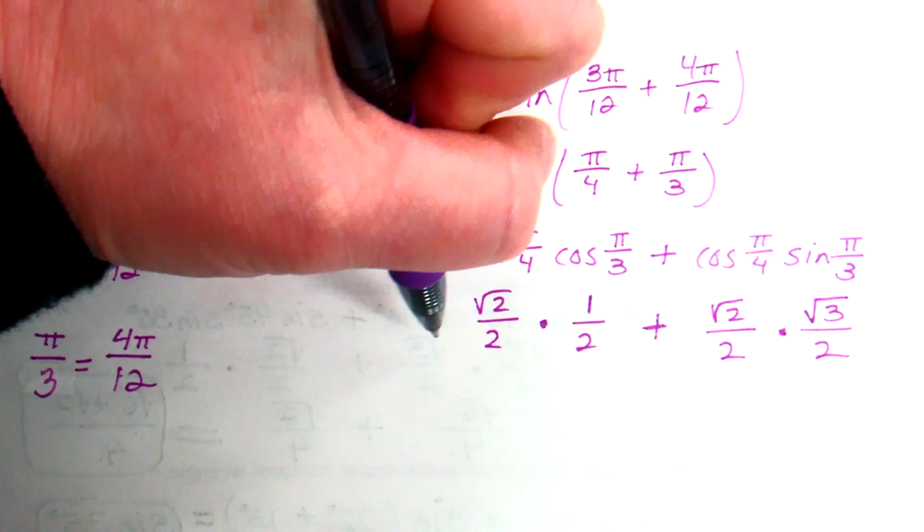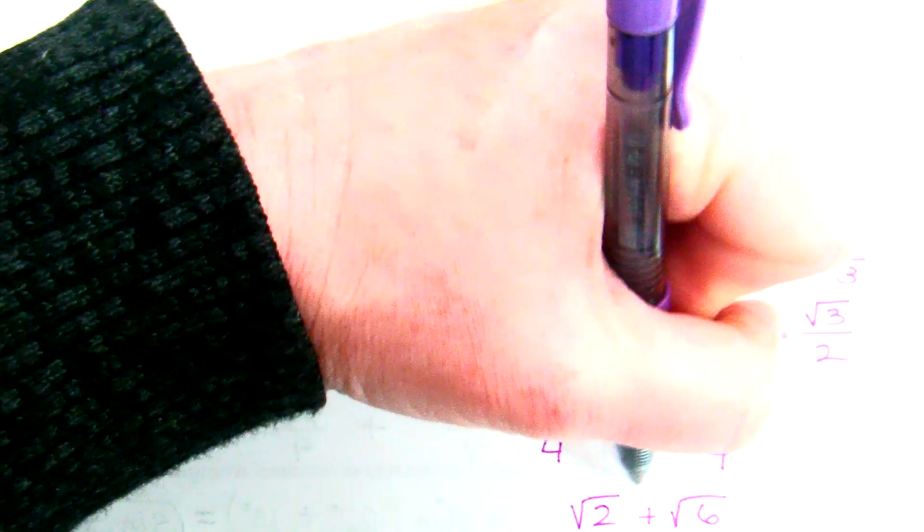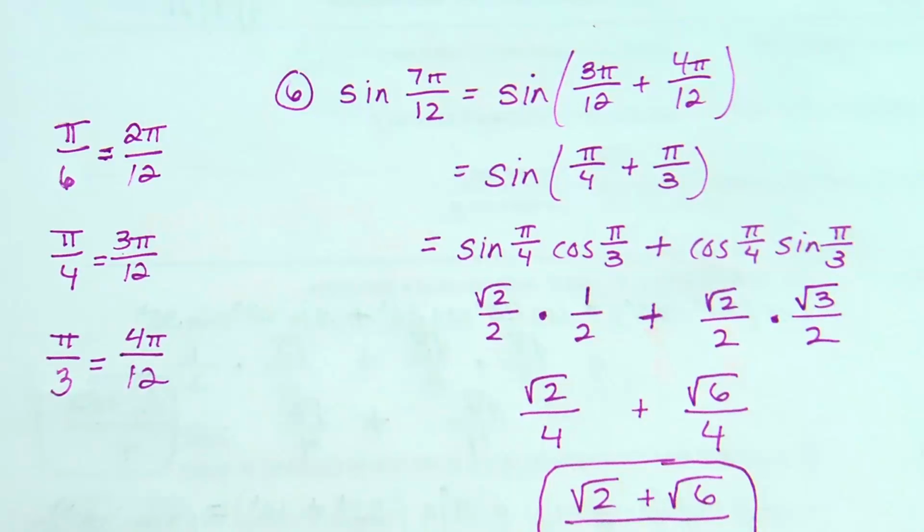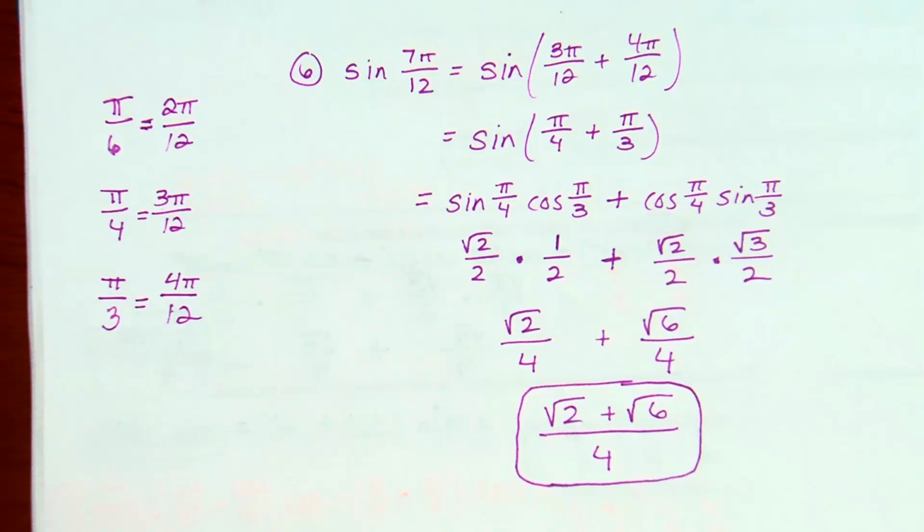Is this similar to what we already did in the notes? Very much so. Multiply. So we're going to have square root of 2 over 4 plus square root of 6 over 4. And if I put that together as one fraction, square root of 2 plus square root of 6 all over 4.